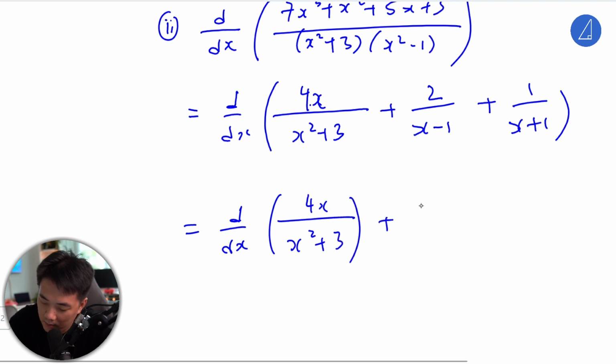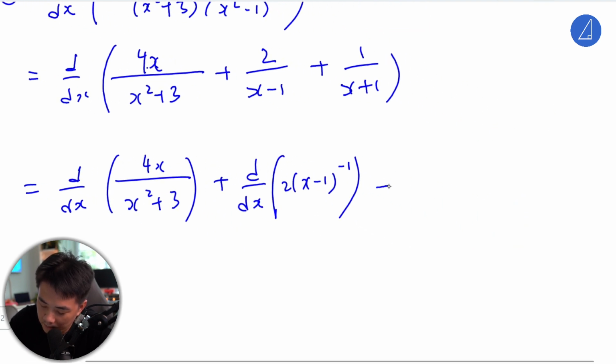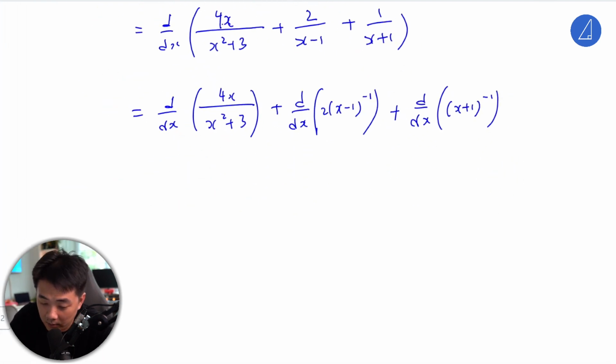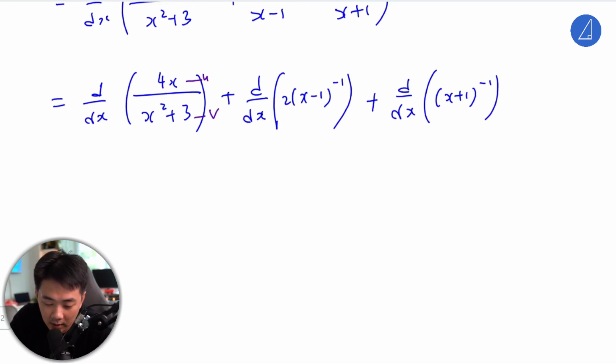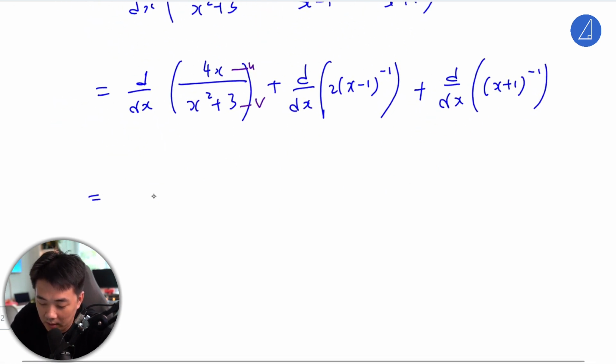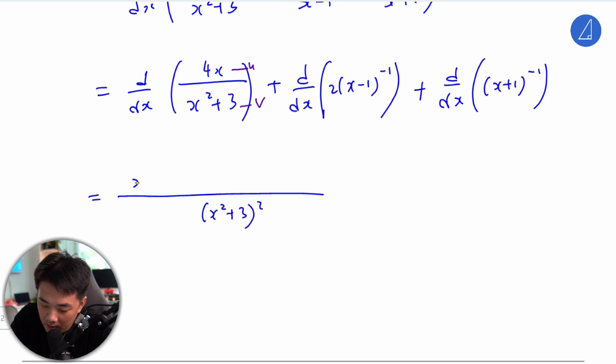Then the other one would be d/dx of 2 over x minus 1, plus 1 over x plus 1. So for this I'm going to use the quotient rule. Of course, I think that will be better. So it will be over v squared, v du/dx, which is 4, minus u dv/dx, which is 2x.